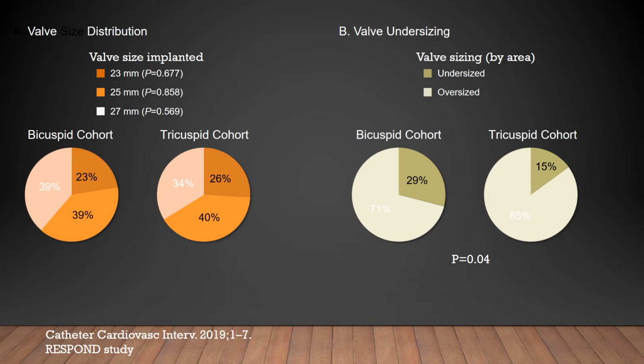Now, what is interesting is that in the bicuspid valves, the valve was undersized more so than if you had a tricuspid valve, which is very important to note. That is a function of the pathology of the bicuspid aortic stenosis compared to tricuspid aortic stenosis, and something that we have to really measure appropriately and decide on the size of the valve as we're implanting it.